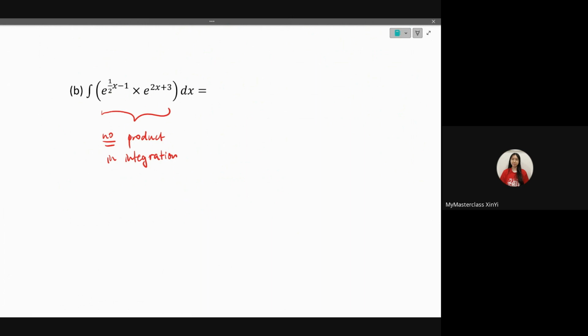So recall, when multiplying indices of the same base, in this case it's base e, we add up the powers.